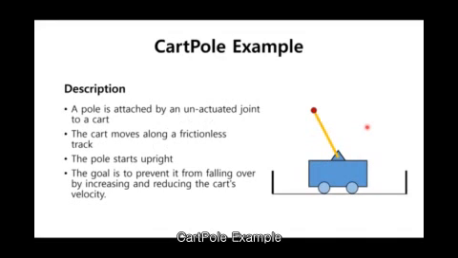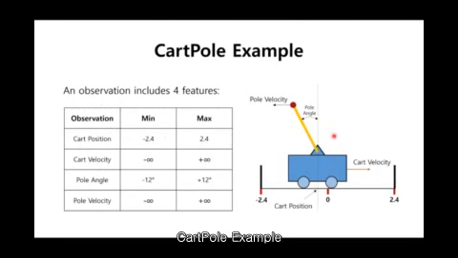Here is an example about CartPole. In the example, we control a cart by moving it to the right or left so as to prevent its pole from falling over. Let me explain the problem in more detail.